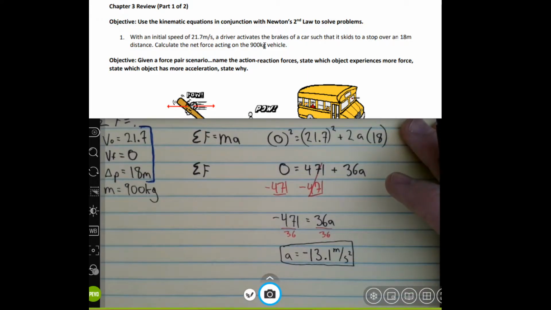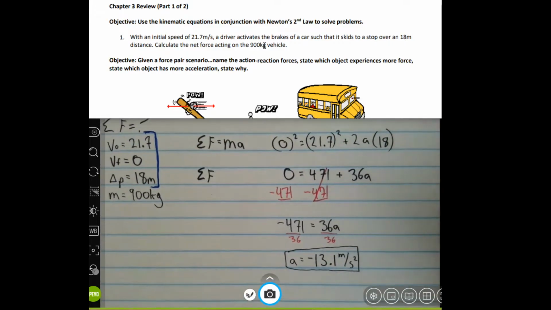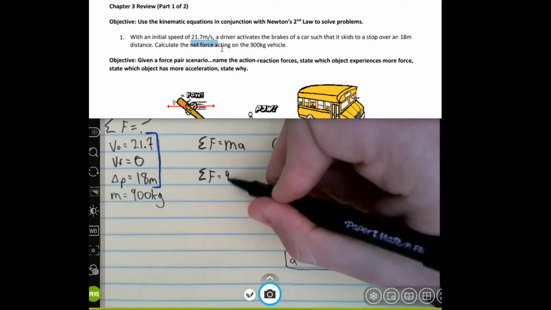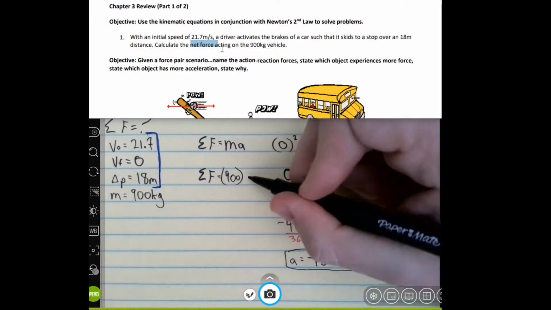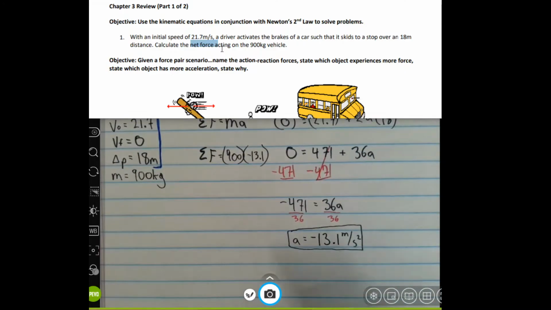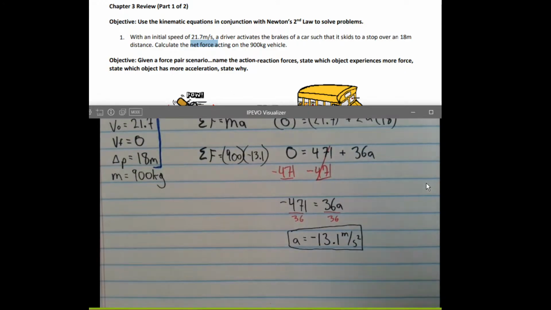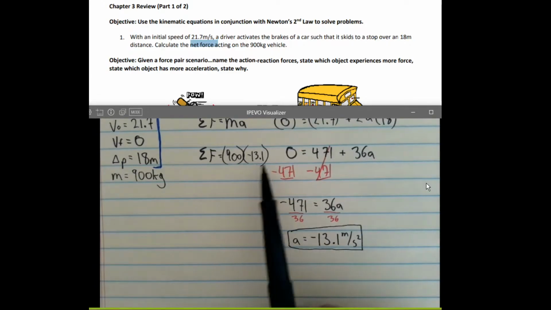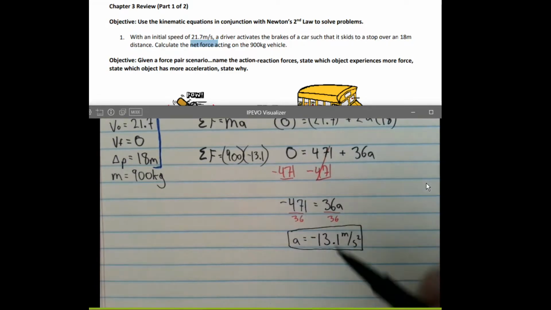So that's our acceleration. The question is actually asking us for net force. So if I want to calculate my net force, I take the acceleration I just found and I multiply it by the mass. So that's the point of Newton's second law. It says that the net force acting on an object is the mass of that object times the acceleration of that object.